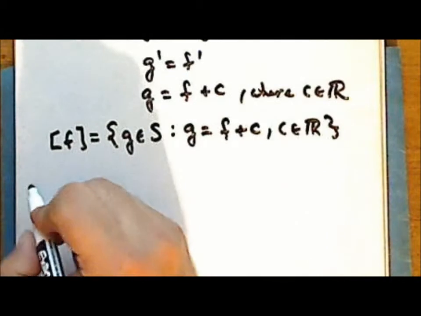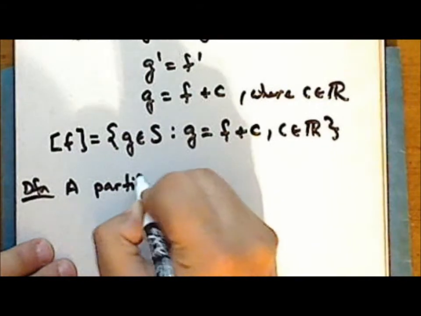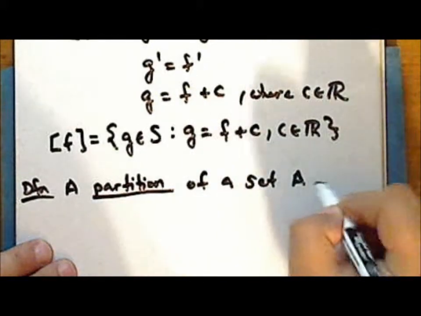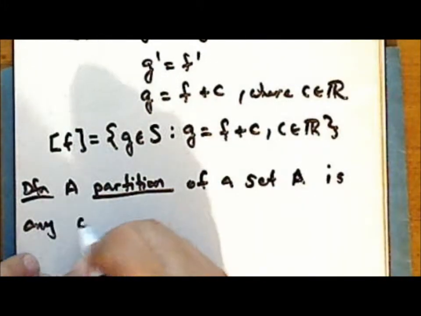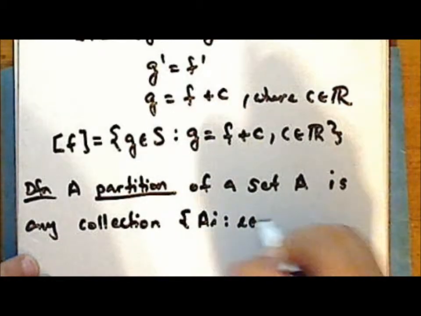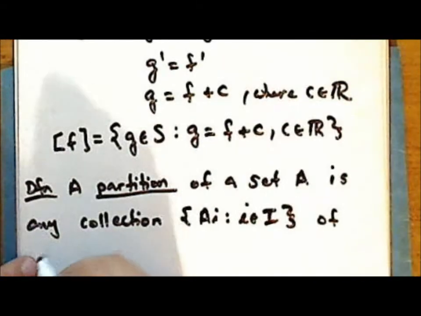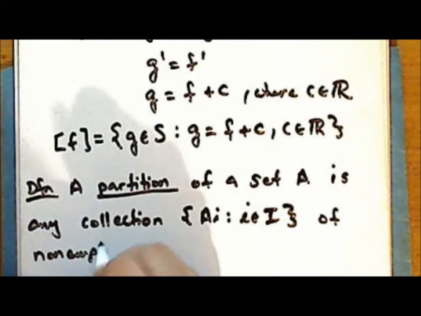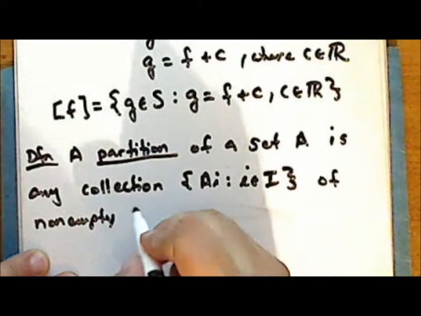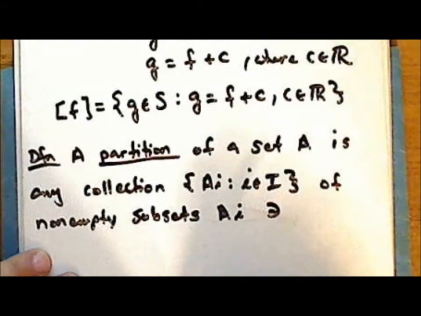Okay, so new definition. A partition of a set A is any collection of sets A sub i, for i in some indexing set I, a collection of non-empty subsets A sub i such that two conditions are met.